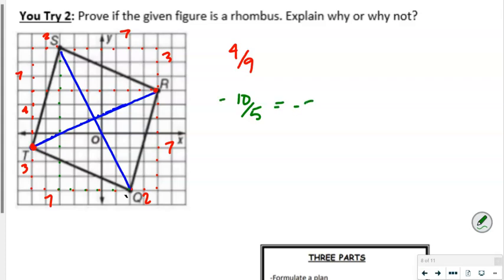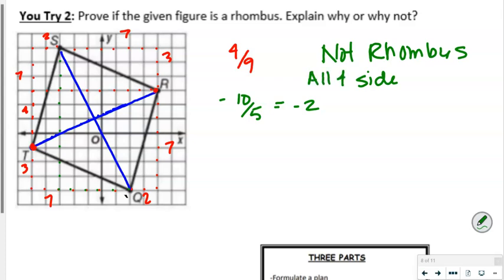So that's going to be equal to negative 2. So those are not negative reciprocal slopes, are they? Okay, close, but no cigar. So that means it is not a rhombus. And you could say for either reason. You could say because all four sides are not equal, right? Or you could say the diagonals are not perpendicular.